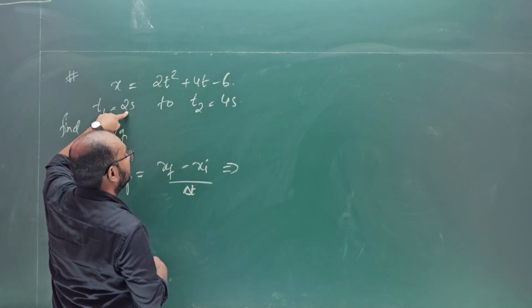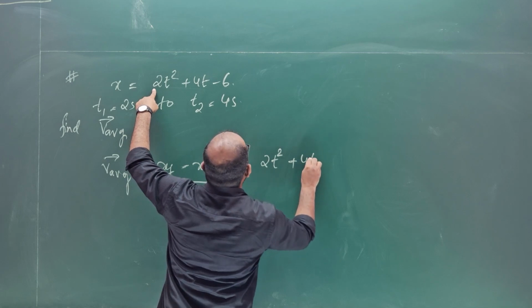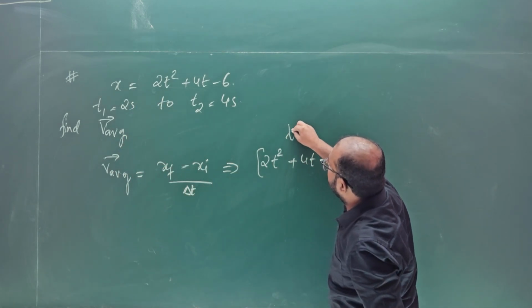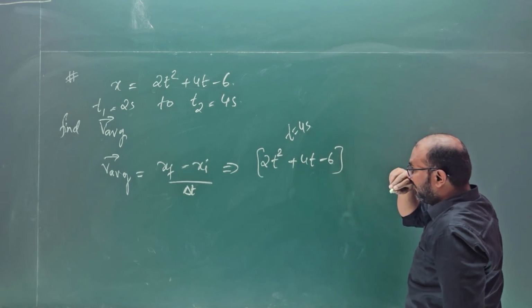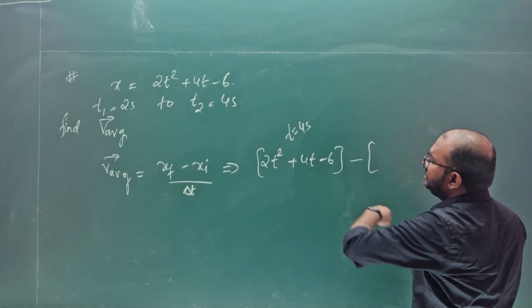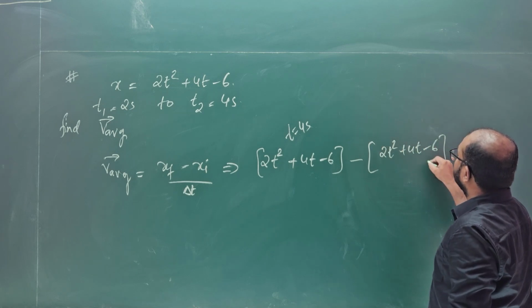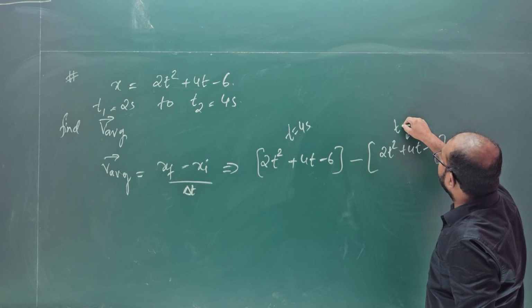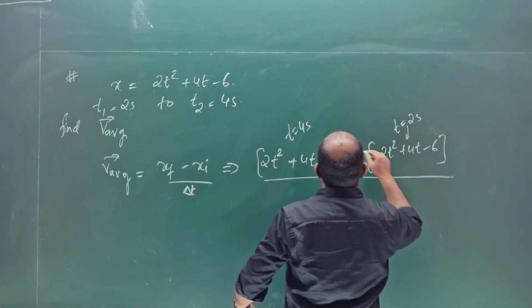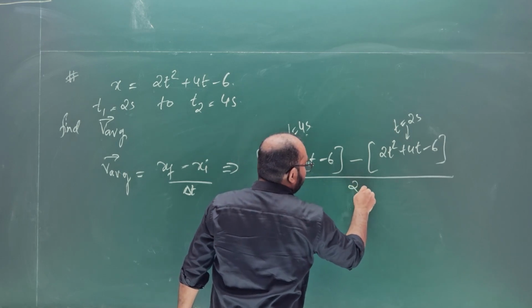Substituting, this becomes 2t square plus 4t minus 6. Here you substitute t equal to 4 seconds. Then minus the initial, same equation, 2t square plus 4t minus 6, here substituting t equal to 2 seconds. What is the difference in time? 4 seconds minus 2 seconds, that is 2.